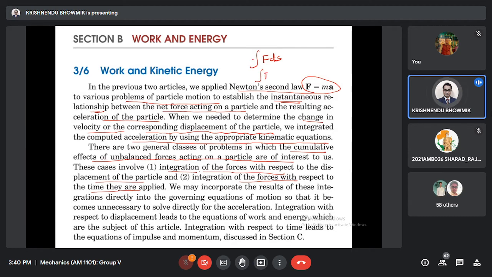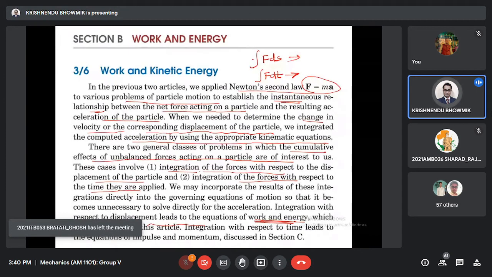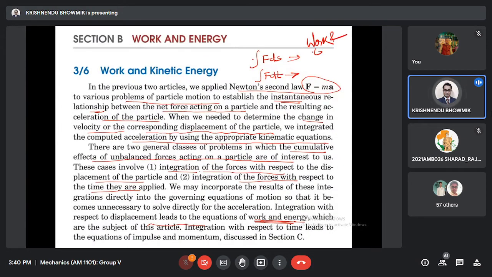The first case relates to work and energy, and the second relates to impulse and momentum.